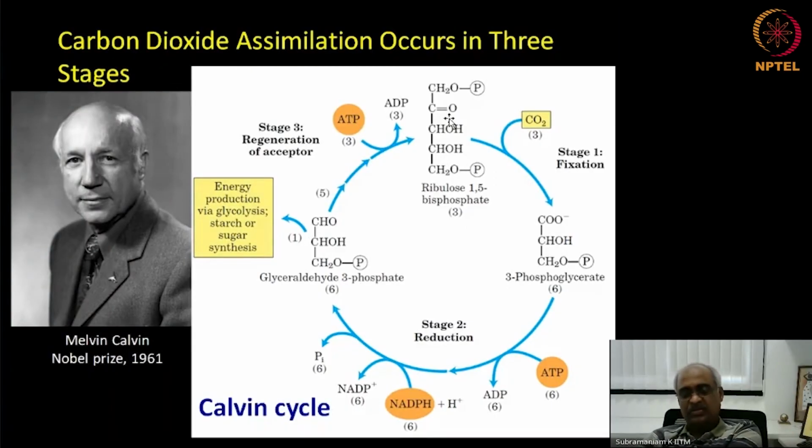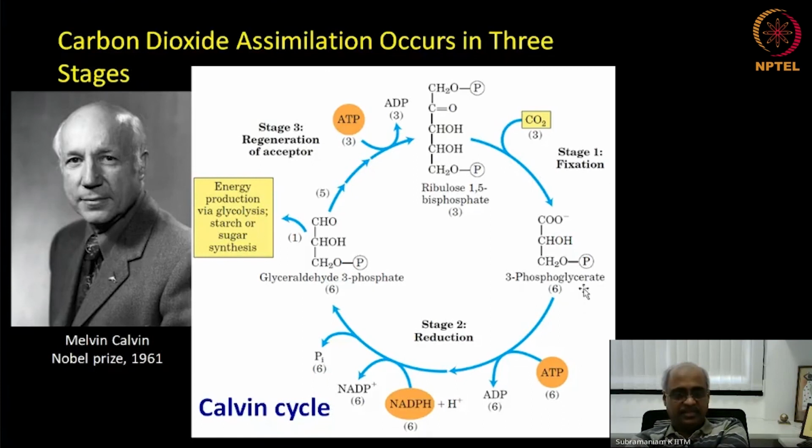So this will form a hemiketal if it forms an internal linkage. Ribulose is phosphorylated in 2 places, so it's ribulose bisphosphate. This 5-carbon compound becomes 2 3-carbon compounds by taking this carbon dioxide. So this is the fixation reaction.